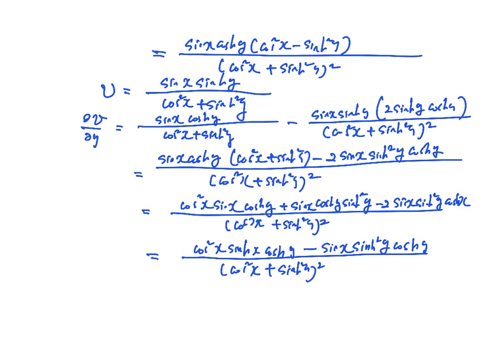So we can put sine x cosine hyperbolic y and cosine square x, right?